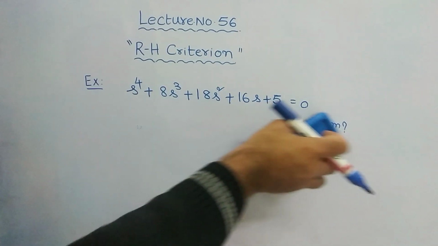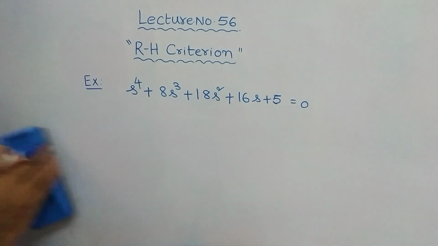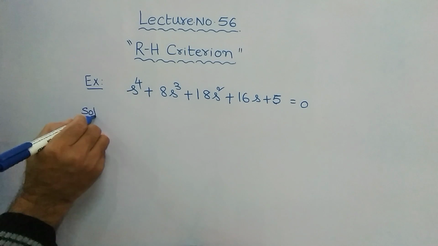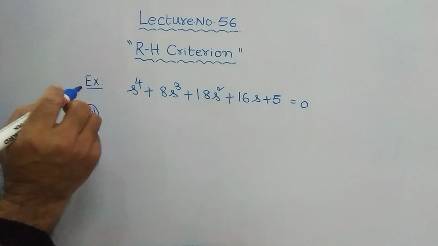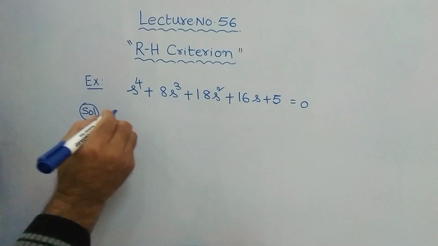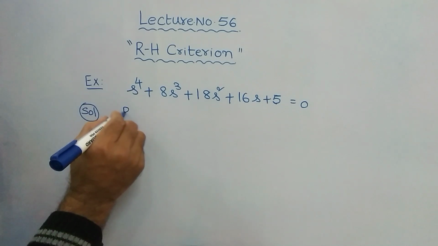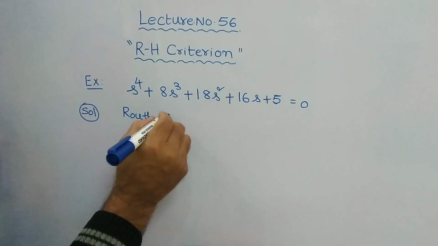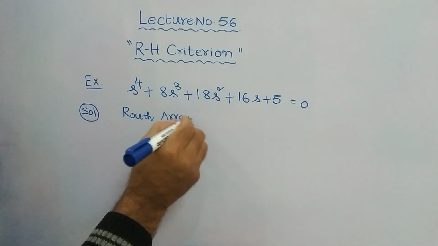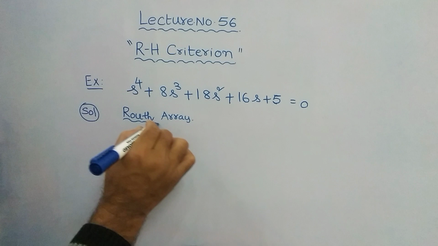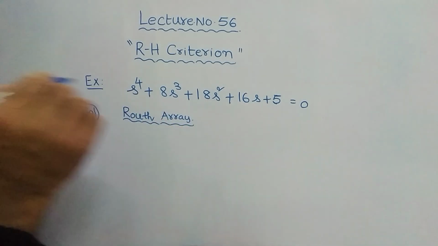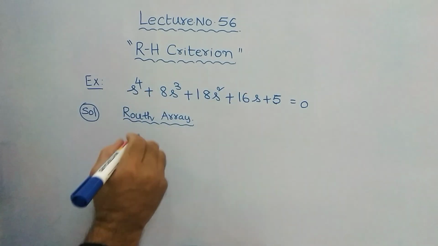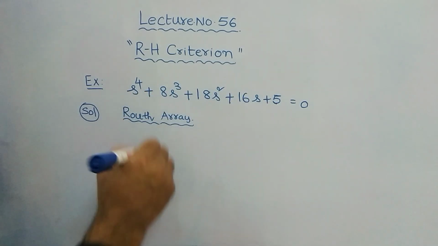Let us form a Routh table first. If you see the solution part, we must form the Routh array. What is the Routh array? It will be formed like this. From this given characteristic equation, you can form the Routh array.